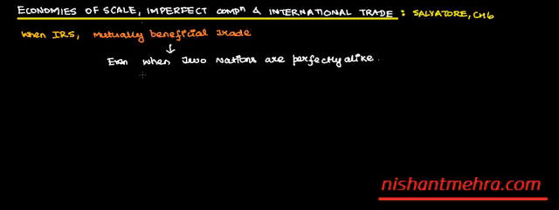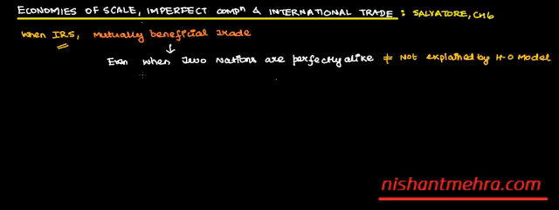This type of trade is not explained by a Heckscher-Ohlin model. The point is that there is a mutually beneficial trade which can take place under the IRS assumption, even if two nations are perfectly alike. That's what we're going to see in this chapter.